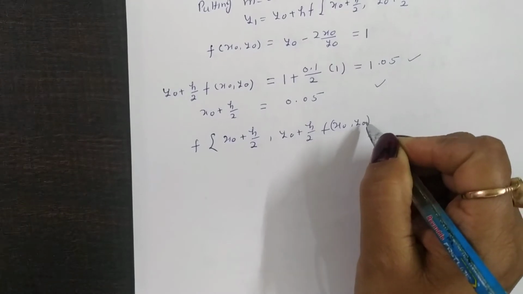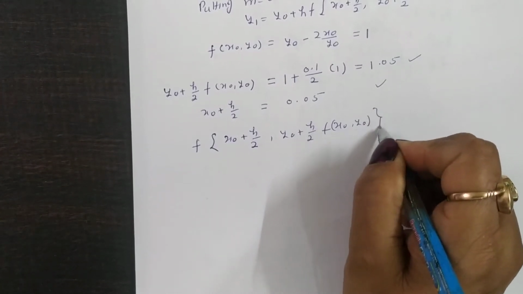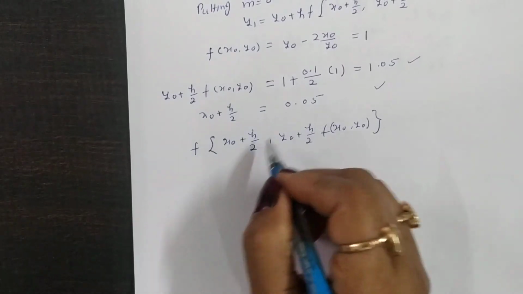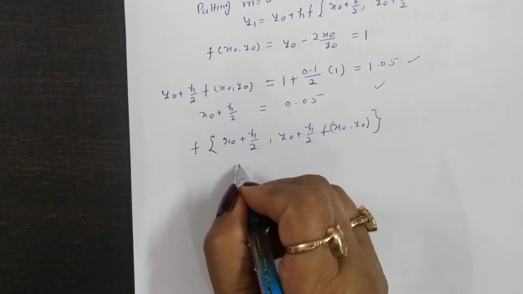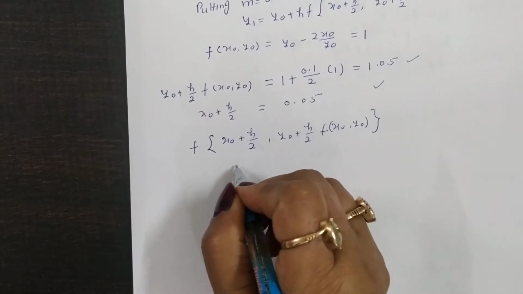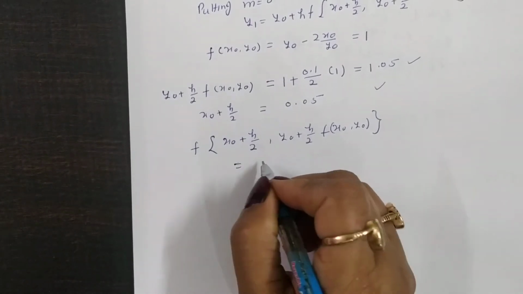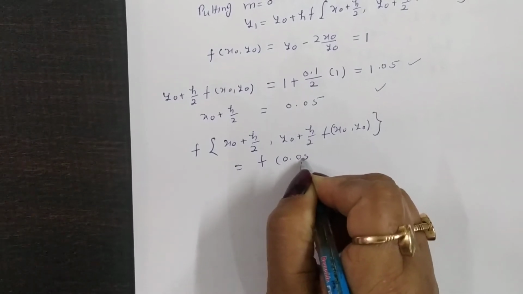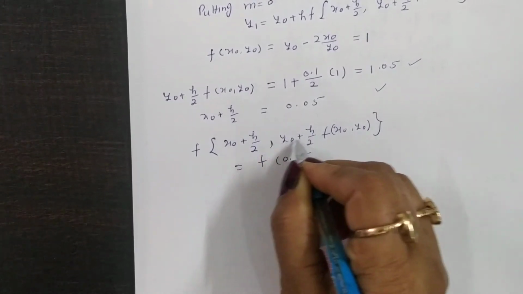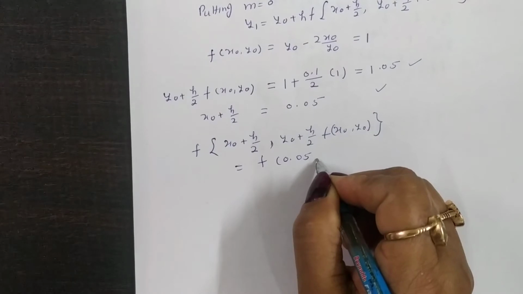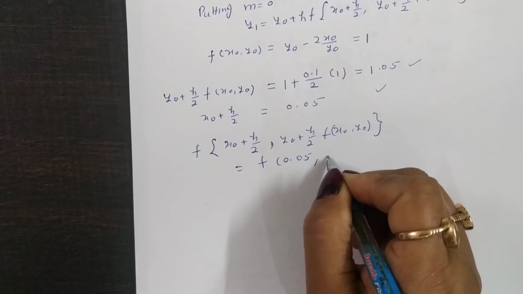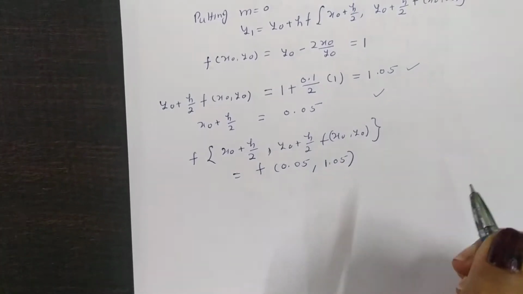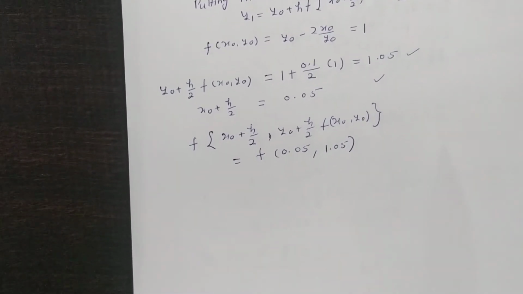This can be written by placing 0.05 in the first place and 1.05 in the second place. Yes students, clear? You get this.